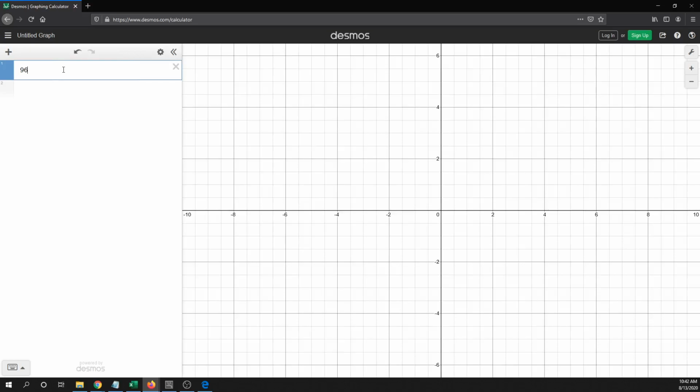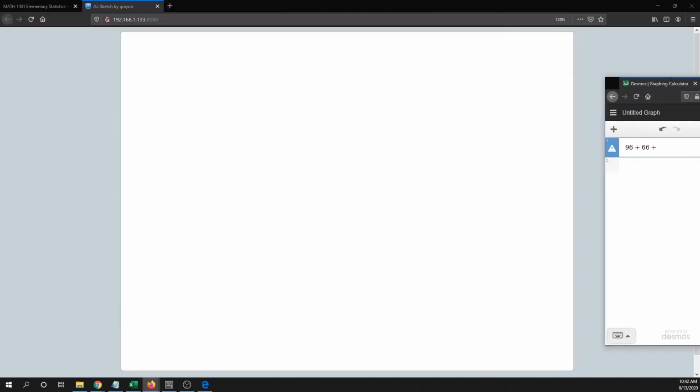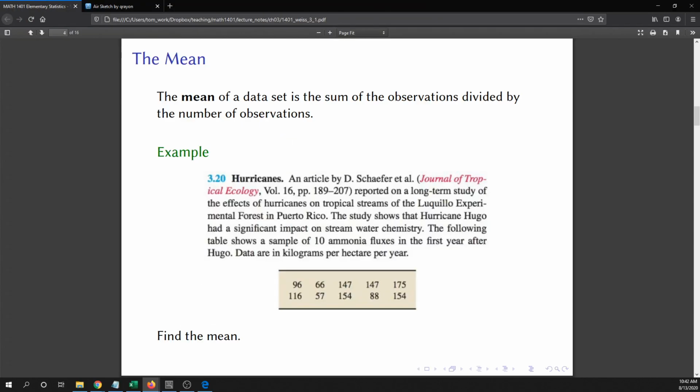So 96 plus 66 plus, and I'm going to have to look back at the observations, so I'm going to pull this off camera. 147 plus 175 plus 116 plus 57 plus 154 plus 88 plus 154.